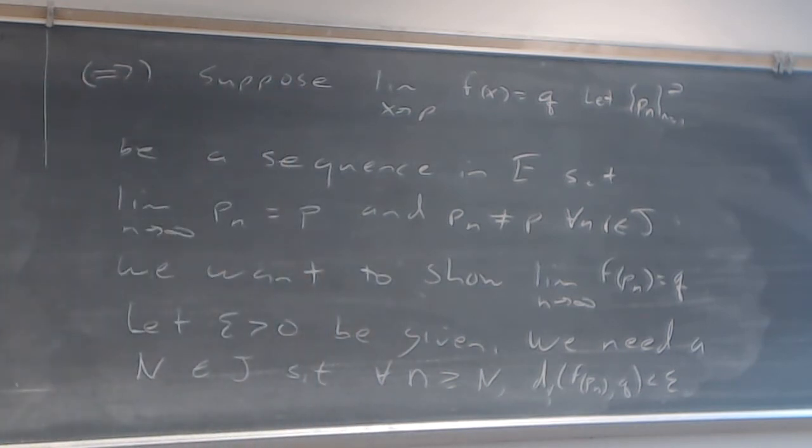That's what we need to have, is that big N. Well, the way we're going to get this big N is the fact that we know that p sub n converges to p. In part, anyway. That's going to be the N that works.